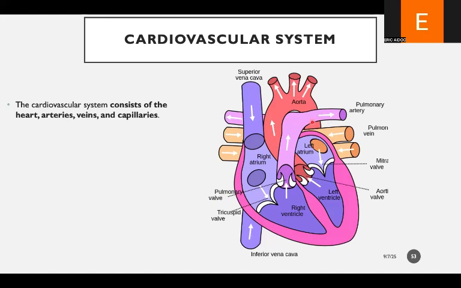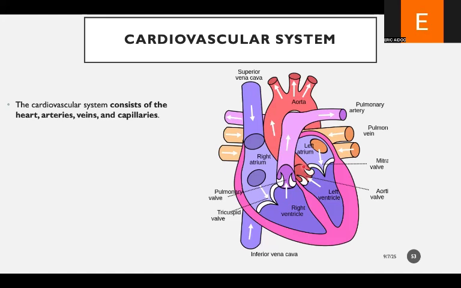Okay. Then when we come to the left side, the door that will allow blood to come from the left atrium into the left ventricle is the mitral valve or bicuspid valve. Then the aorta also has a door, a valve that opens and closes, and that is the aortic valve.